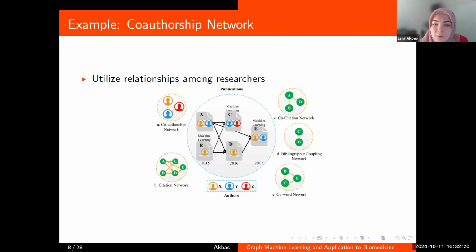In a co-authorship network, we are co-authors of a graph paper, but there is also a relation between the papers: they cite each other and include different words. When we include all these different types of information in one model, it creates more complex structures.